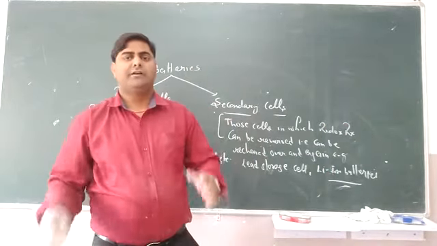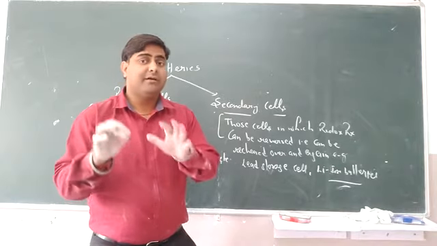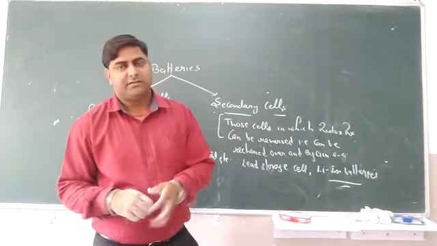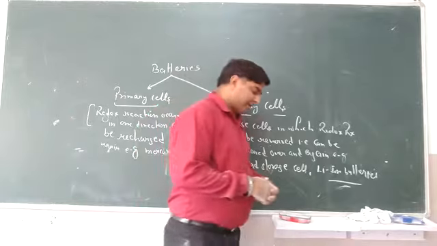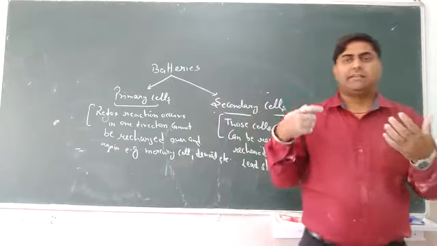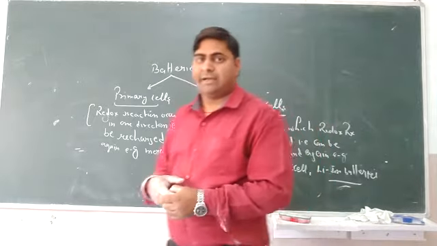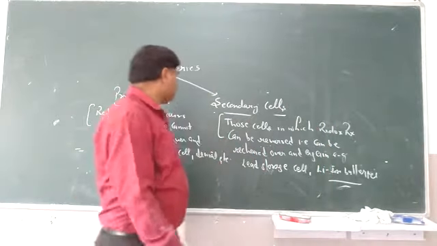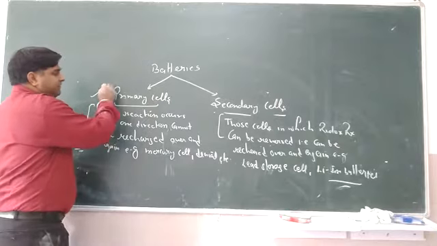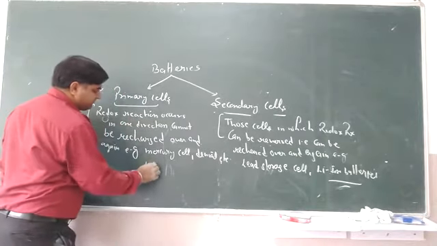Nowadays we are using the lithium mercury cell. That is very effective. It has a long life. It can be used for a longer period of time. So you can see here primary cells are generally use and throw.